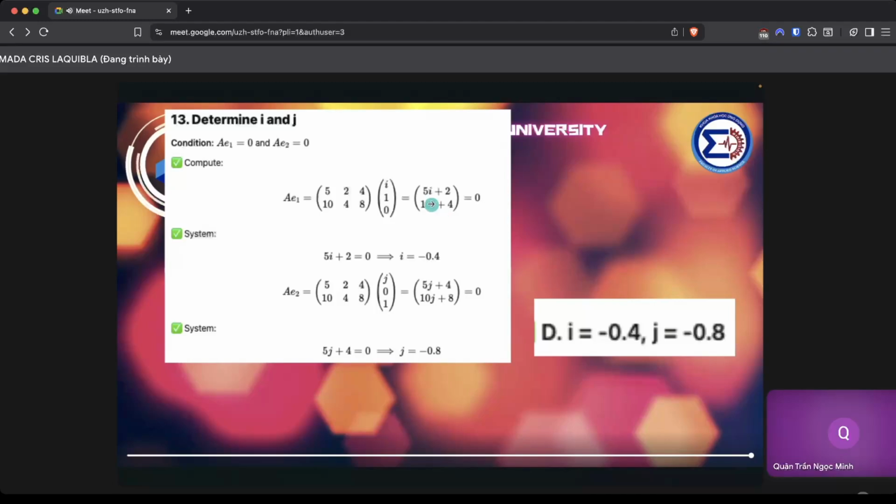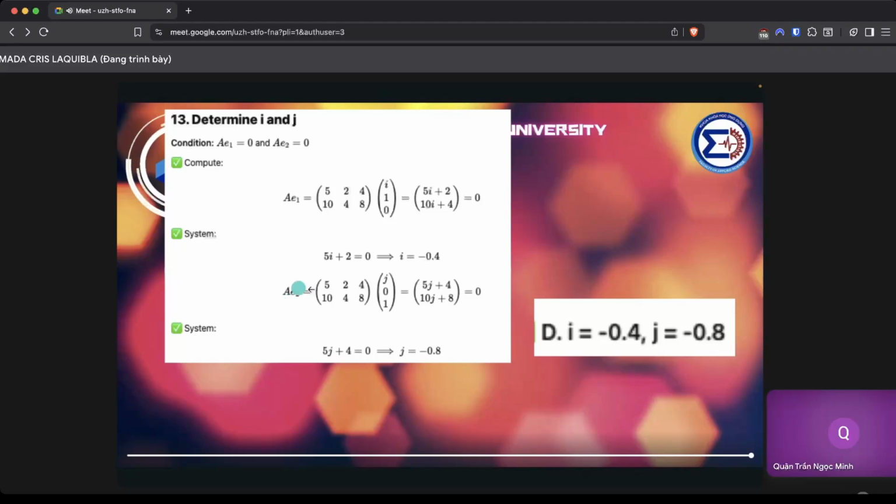Why? Because the lower row is just a multiple of 2 here, right? The first row, multiply that with 2, the result is the second row. So if you solve the I value here, 10i plus 4 is equal to 0, the same I that you can solve, I is also negative 0.4.